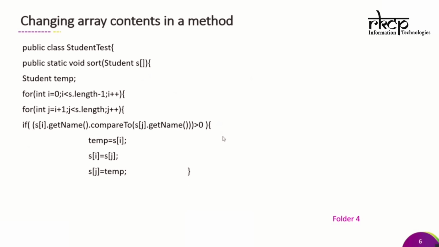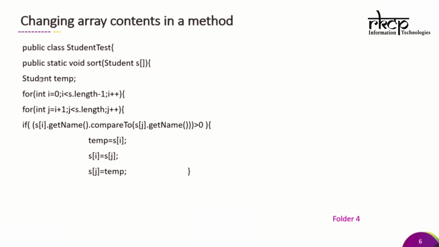Here now I'm coming to the point of the array concept you learned in the previous week. So here I have a sort function, and inside that I'm going to pass a student class array. The target of this one is how you can change array content in a method.